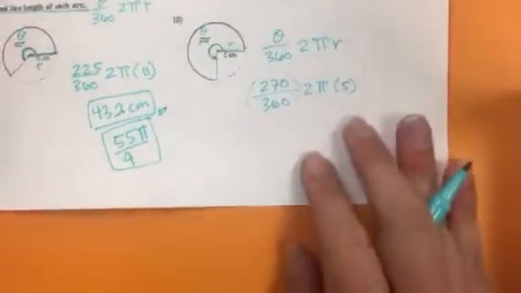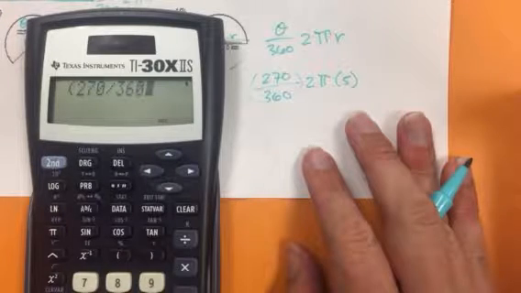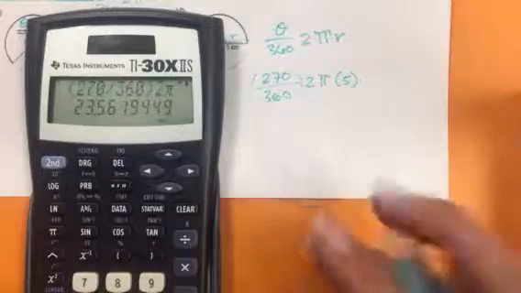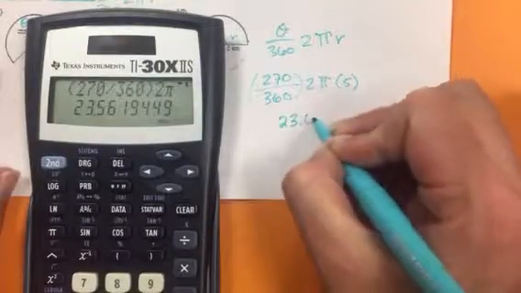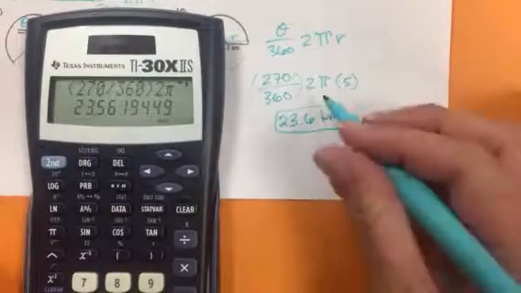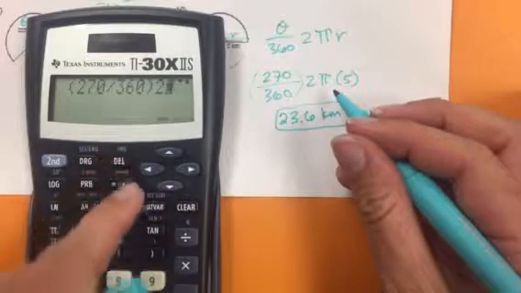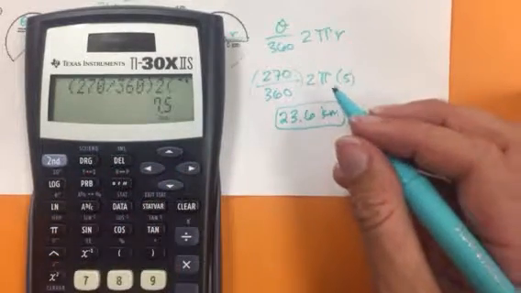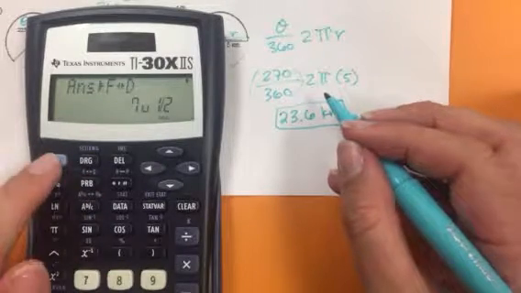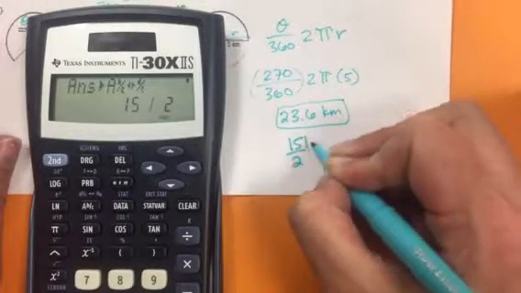Enter it into your calculator. 270 divided by 360, 2 pi times 5 equals 23.6. If I wanted to leave the pi out, I just delete the pi from it. 7.5, fraction to decimal, ABC to make it improper, 15 over 2, pi goes on top.